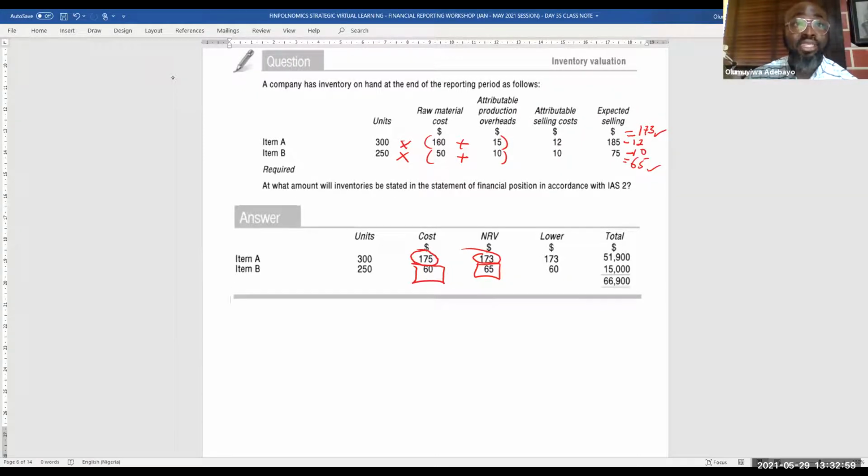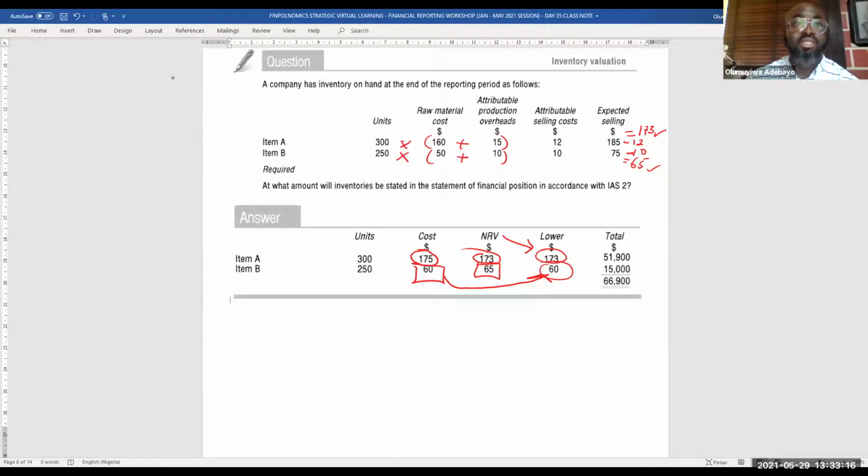And in that case, the lower here is 73, which is the net realizable value, while the lower here is cost, which is 60.